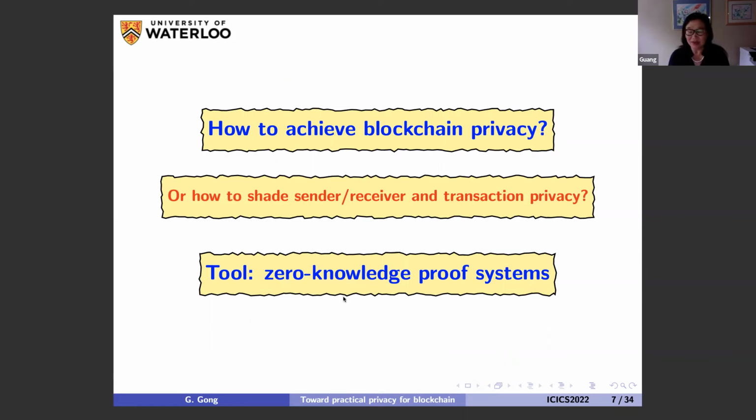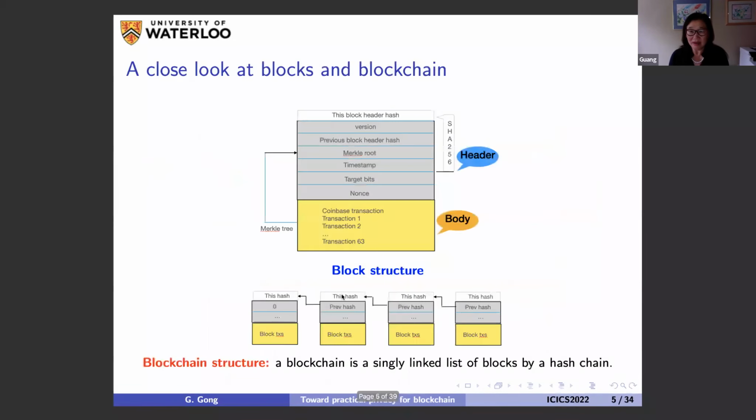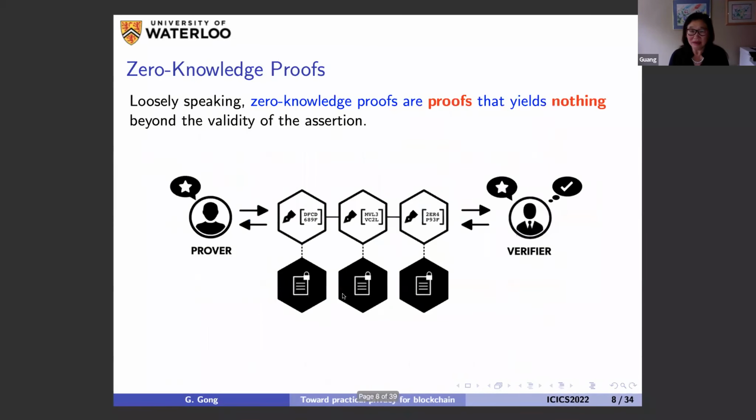Okay, so then we turn our interest to look at this. Here I do not introduce very accurate definitions. I will just introduce it more like a demonstration of the concept.